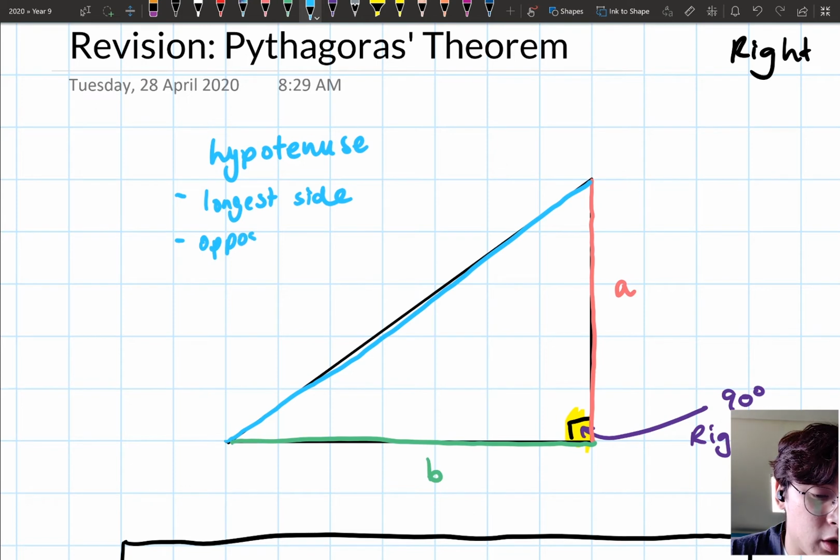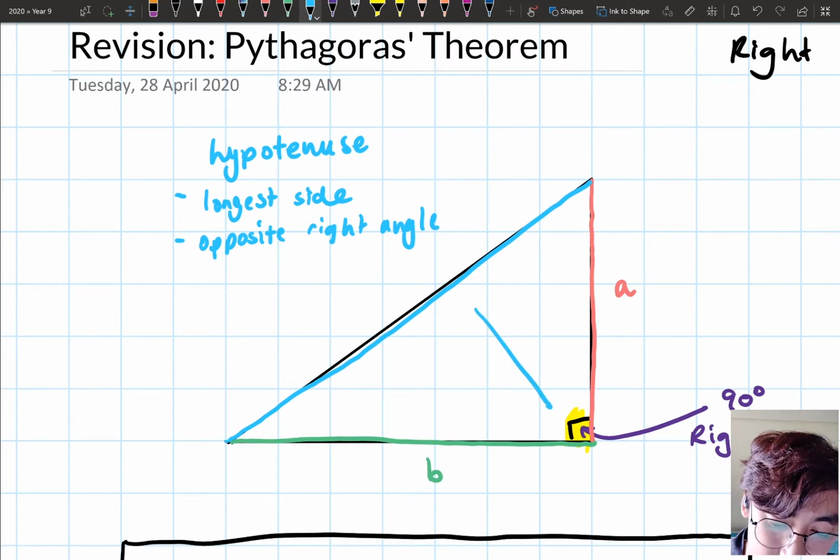So if you look at your right angle and look directly across it in your triangle, that side is the longest, and we're going to label this as C. So A, B, and C. The most important side to worry about is your hypotenuse, the side which is opposite your right angle and is the longest side in your right angled triangle.